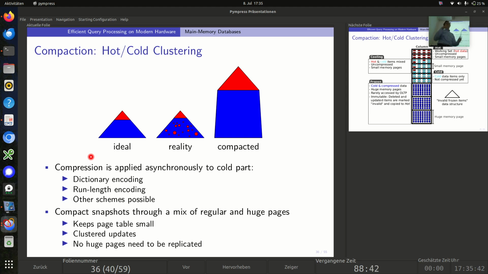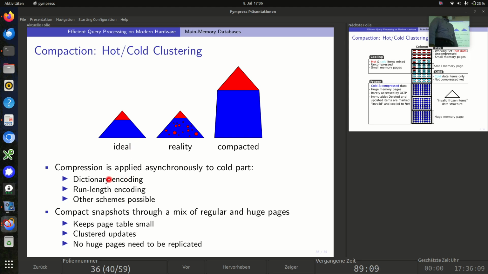The idea was, okay, we can cluster the data. The red parts are the ones that are accessed frequently, and the other things we do not access, we can compress them. And maybe, if we have a beyond main memory database system, which also considers SSD, we can also swap it out to disk.